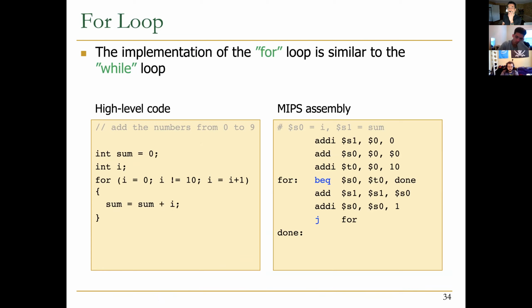So essentially, there's no difference in assembly between while and for loop in MIPS, in some sense.